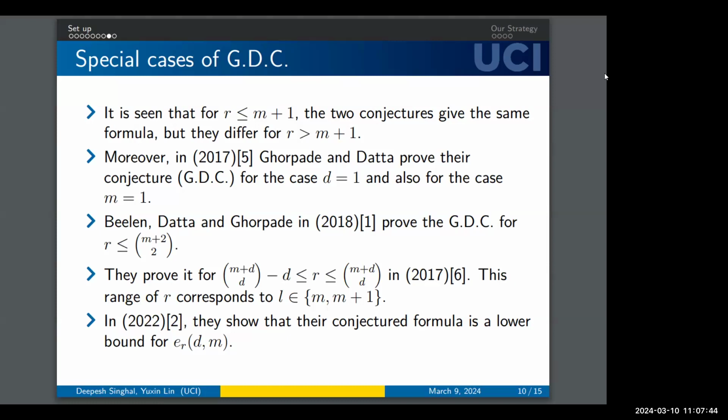Then they prove some more special cases. They prove the degree 1 case, they prove the one variable case, and they extended the case from m plus 1, which is m plus 1 choose 1, to m plus 2 choose 2. So they prove this for small values of r, and also for large values of r, for the last d plus 1 values.